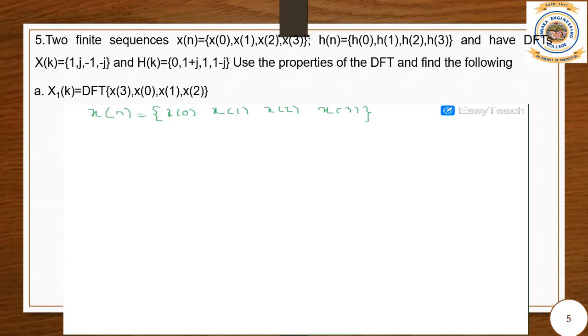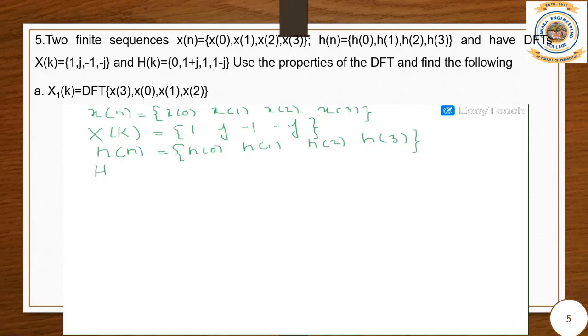Corresponding x of k is given to us, that is 1, j, minus 1, minus j. We have also been given h of n, that is equal to h of 0, h of 1, h of 2, h of 3.